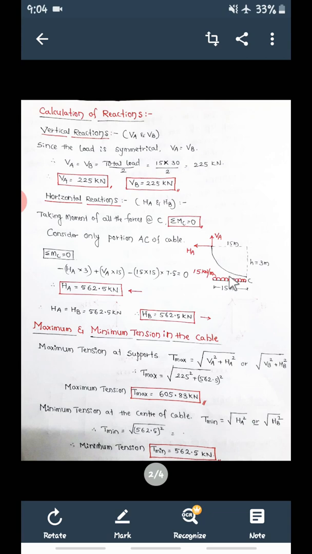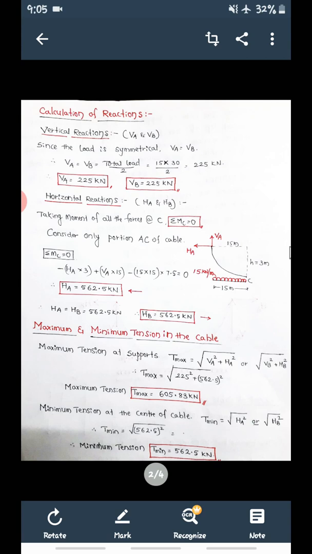With reference to C this will be anticlockwise, so minus 15 into 15 becomes the point load, and the distance between this point load and C is half of this, that is 7.5. So this is summation MC, equal to 0. From this I can find out HA is equal to 562.5 kilonewton. This HA will be 562.5 kilonewton.